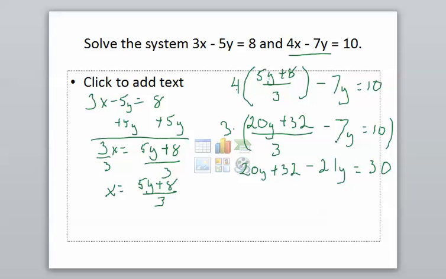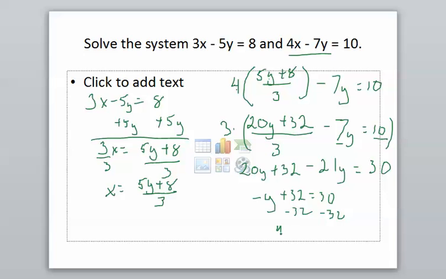See how I had to multiply this one by 3 and this one by 3, but for this one, the divided by 3 cancels it out, right? So, combining like terms, 20y minus 21y, I get negative y plus 32 equals 30. I'm going to subtract the 32 from both sides.